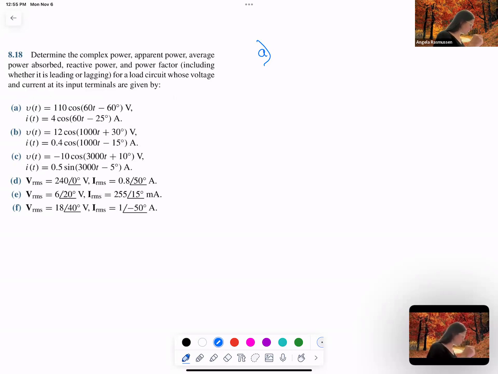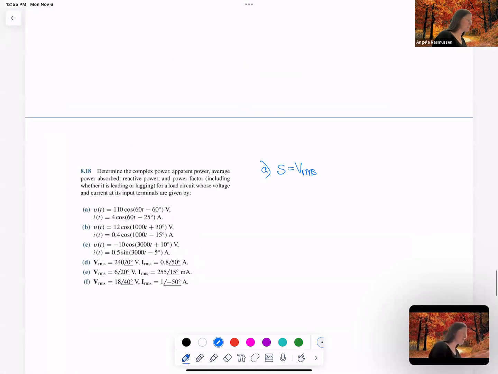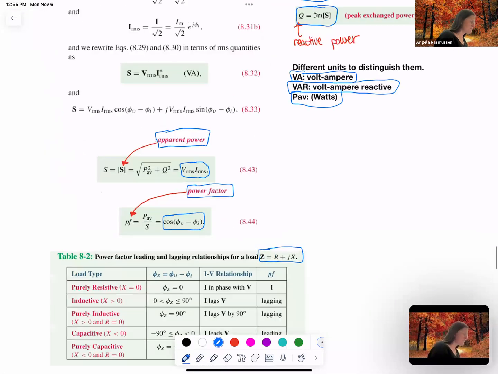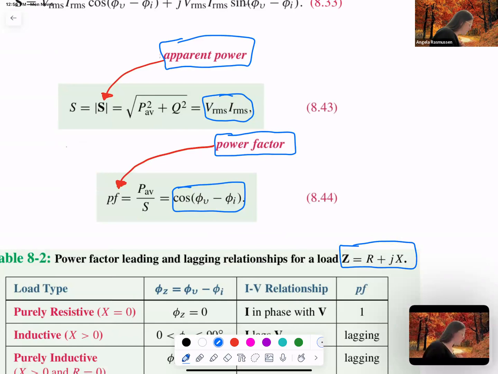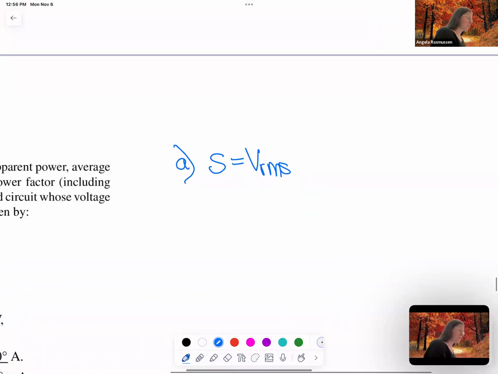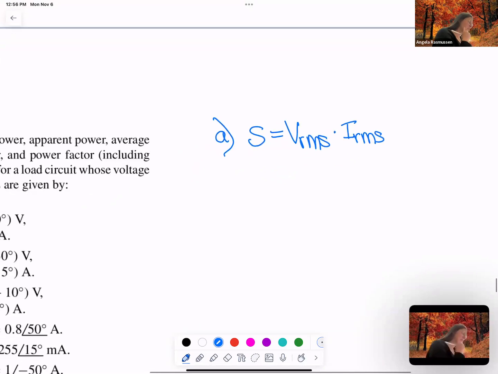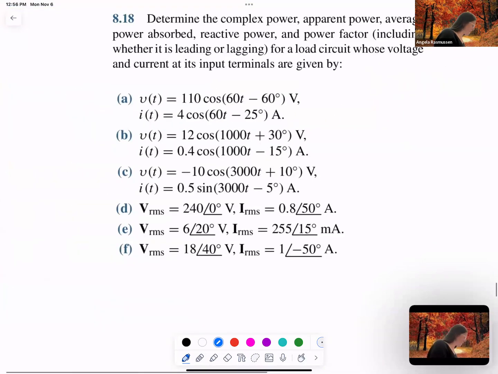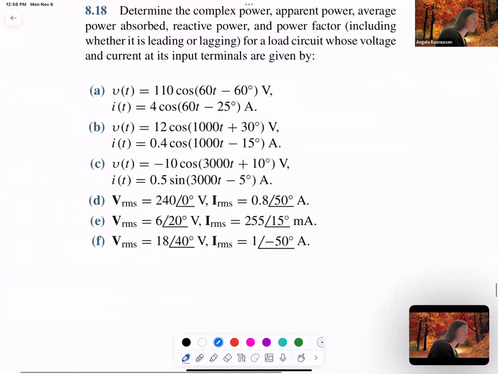And so we're going to take V RMS, and then we go back to this, and then we take I RMS. So how do we find this? All we need to do is change these to polar forms.